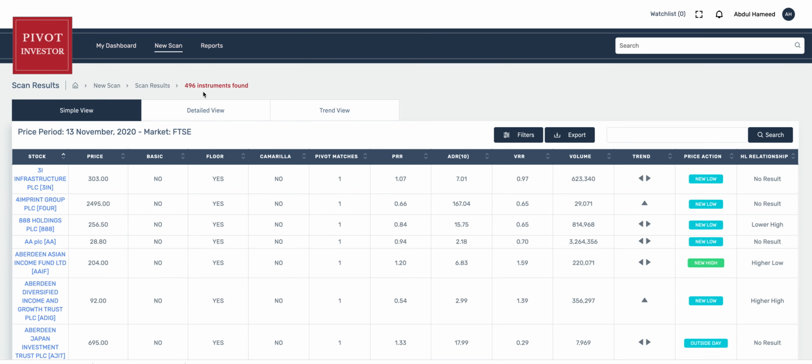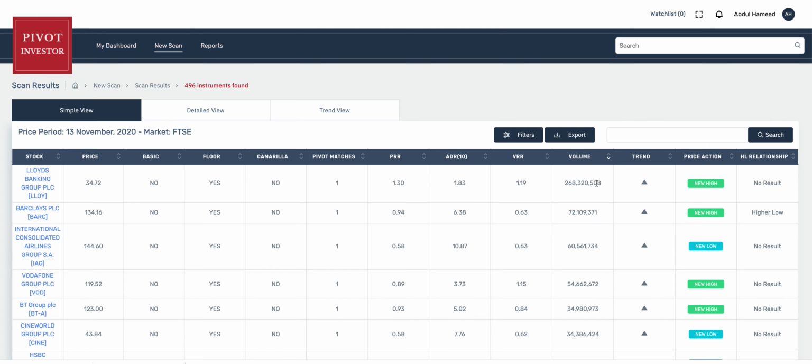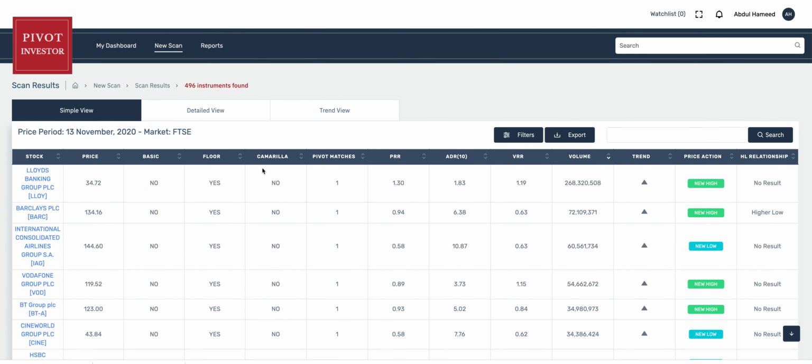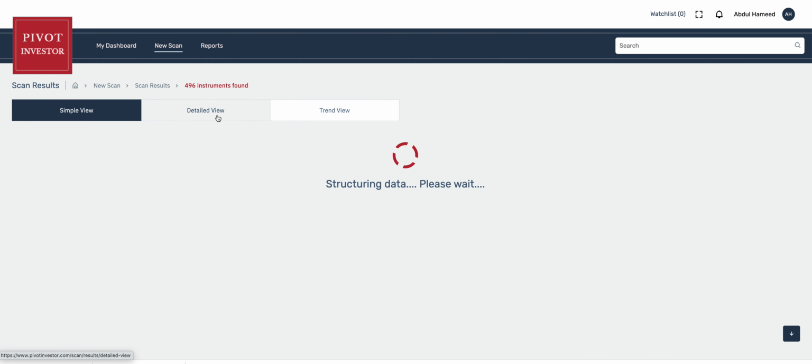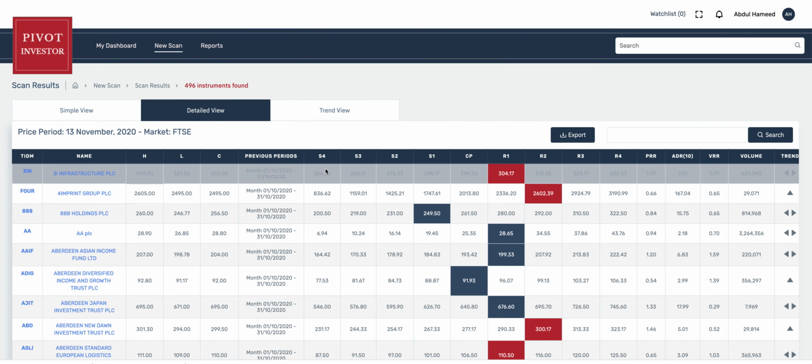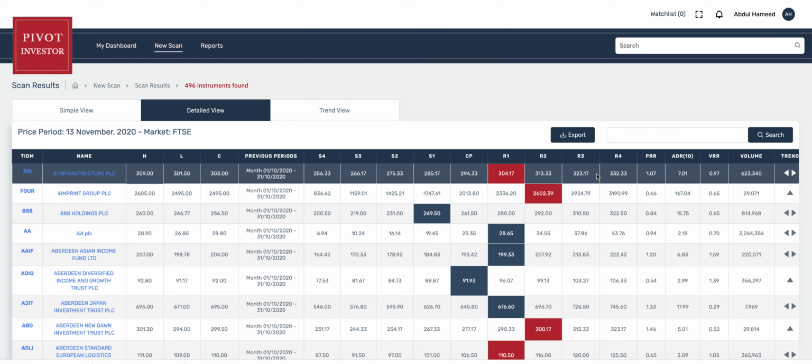Got 496 matches, and we see here the summary screen. Got a few high volume ones in the results, and because we're looking for a particular setup where price closing above the R1 floor pivot, I'm just going to head over to the detailed view where you can see the individual pivot levels.